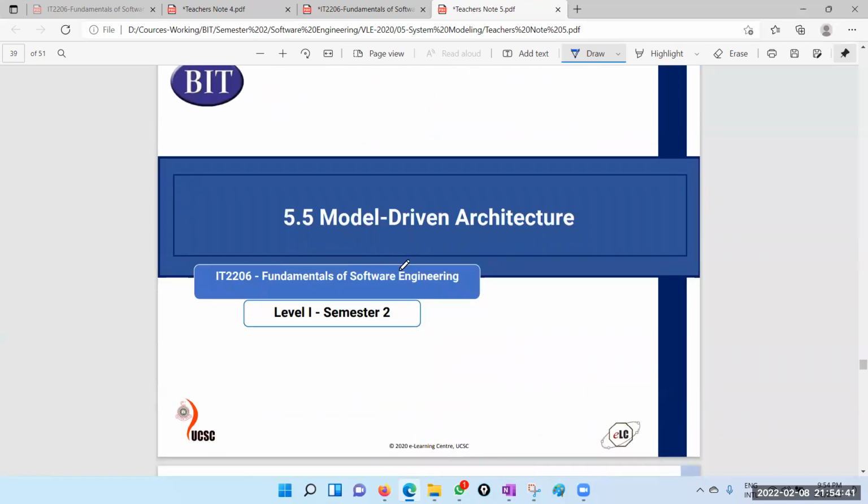Right. So now we are moving to the final part in our modeling part, the model-driven architectures. Actually, this is not a separate topic. When it comes to architectures, in early days, we tend to take it as a concept only. But especially after UML in the 1990s, we are heavily biased towards model-driven architectures.